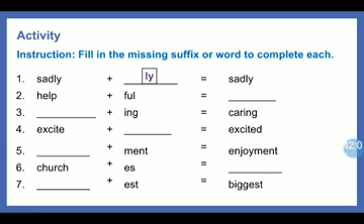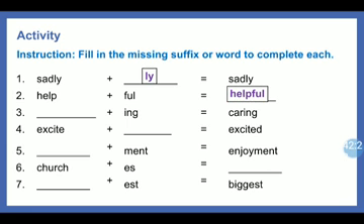Alright, so number 2, we have the root word help. We have the suffix ful. So what's our new word? Our new word is helpful. Number 3, we do not know the root word, but the suffix is ing, and the new word is caring. So what is our root word?